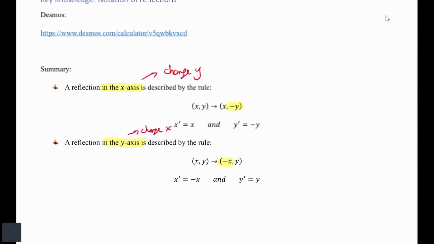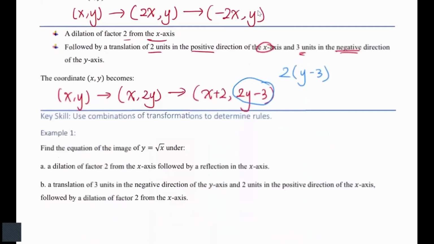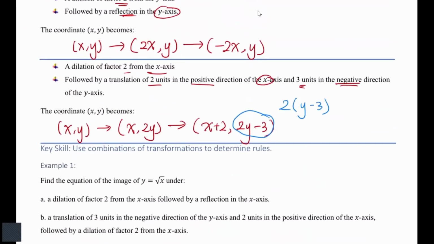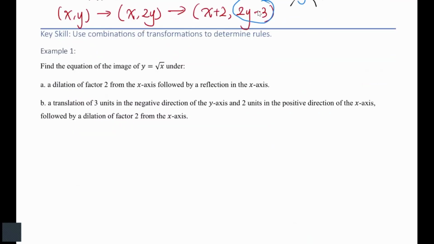Now, that's why your answer should not be 2 times (y minus 3) altogether. This is wrong. All right. Next, use a combination of transformations, and then we can determine the rules. So we worry about the graph in the end, after we figure out what the transformation does to my coordinates.